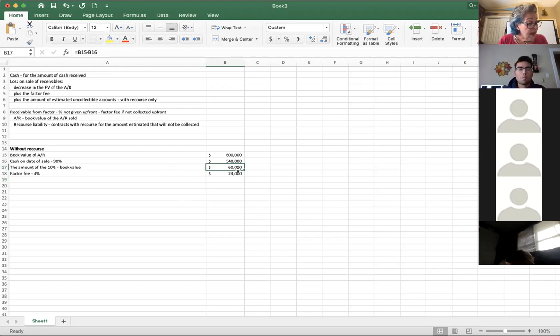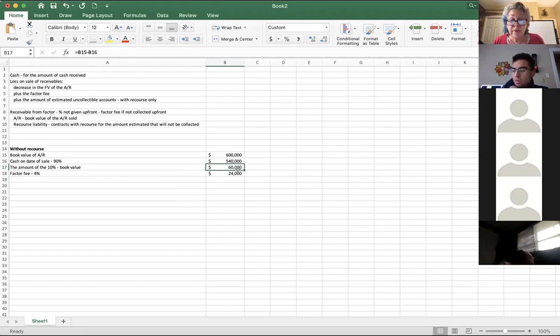And they're saying that how they're going to collect their factor fee, the $24,000, is they're going to reduce the amount that they will remit to me, the 10%. Remit means pay.